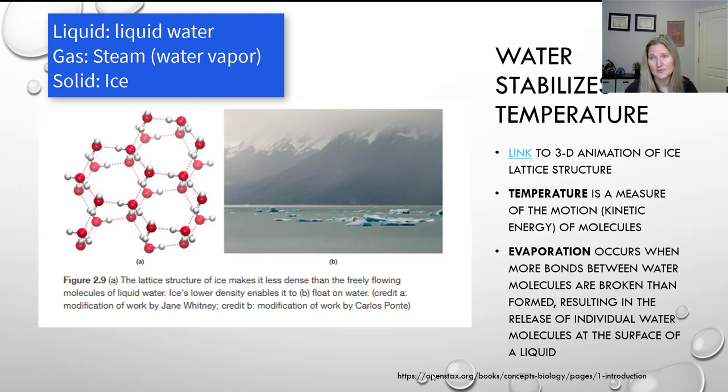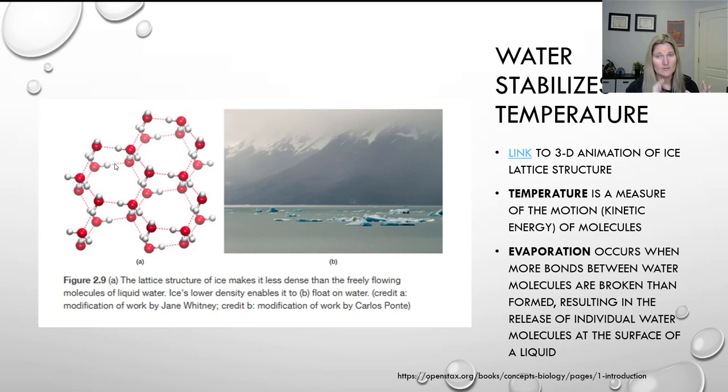And what's interesting about ice is that when we have these hydrogen bonds between nearby water molecules, as those hydrogen bonds break and reform, they will start slowing down as the temperature slows down. So imagine all of these little water molecules.